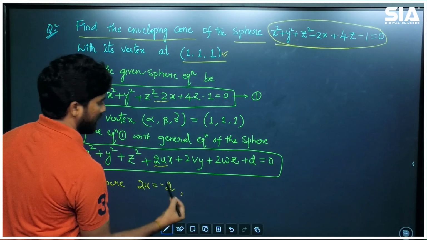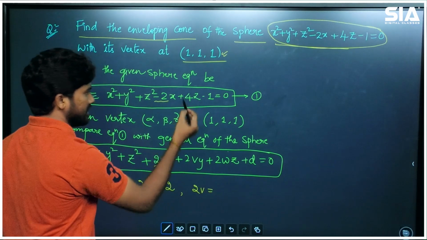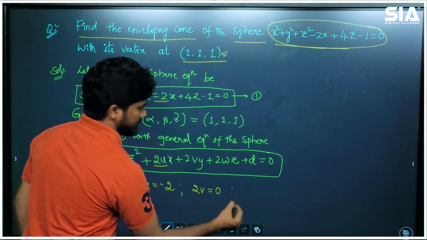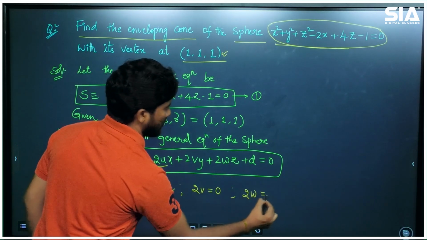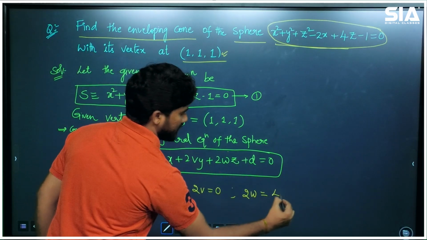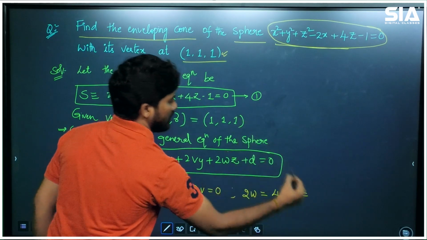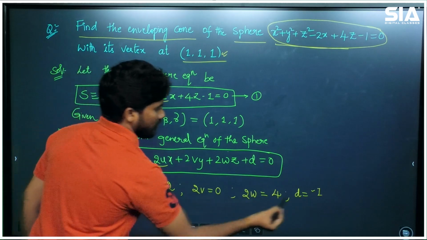And what is the y coefficient here? The y coefficient is 2v. There is no y term, so 2v is equal to 0. Next, the z coefficient is 2w. Here the z coefficient is 4, so 2w is equal to 4. And the constant value, small d, is equal to minus 1. Therefore u is equal to minus 1, v is equal to 0, w is equal to 2, and small d is equal to minus 1.